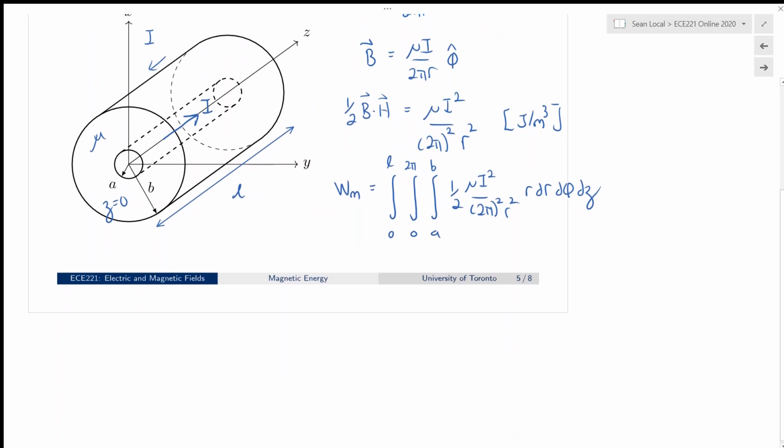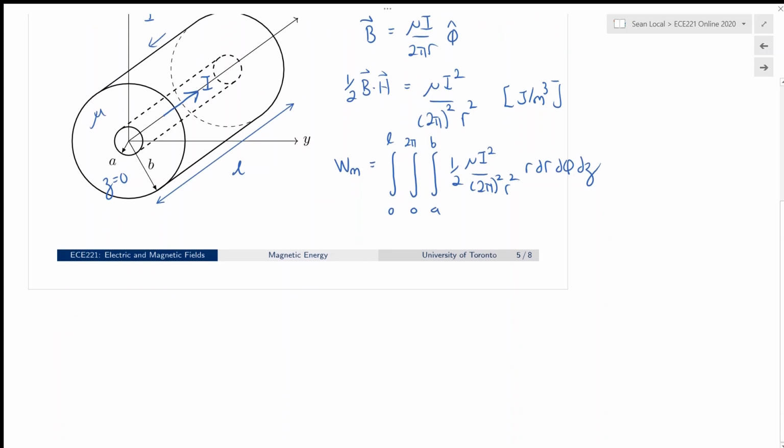This is a fairly easy integral to evaluate because there is no dependence on z or phi. The phi dependence simply turns into 2 pi, the z dependence simply integrates to L, and then we have a bunch of constants, mu I squared over 2 times 2 pi squared in the denominator, and the integral over r is just dr over r, which is the natural log function.